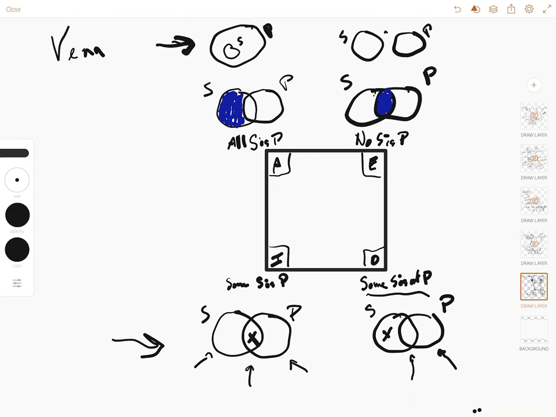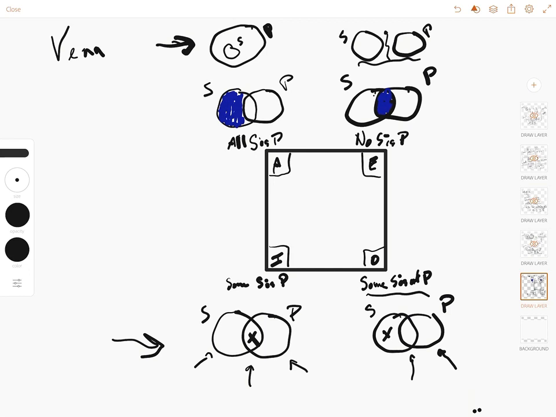They have no common members, right? So they're excluded from each other. But the shading accomplishes exactly that exclusion for us because it says that the region of S overlapping P must be empty. And because it's empty, then everything that is an S is outside the region of P, and that accomplishes exactly what this informal diagram accomplished.